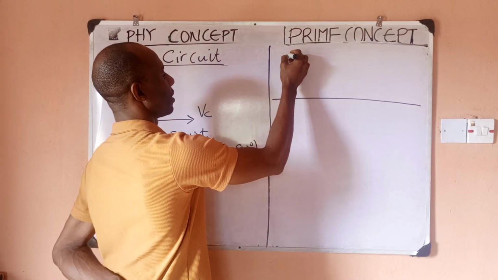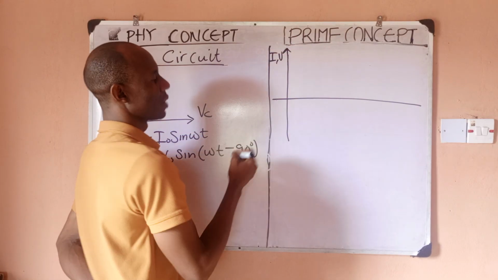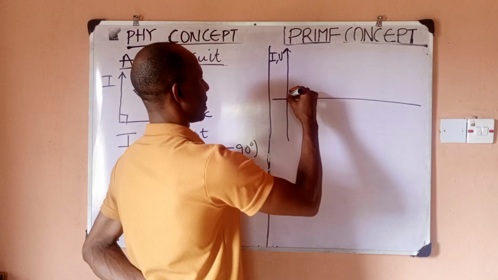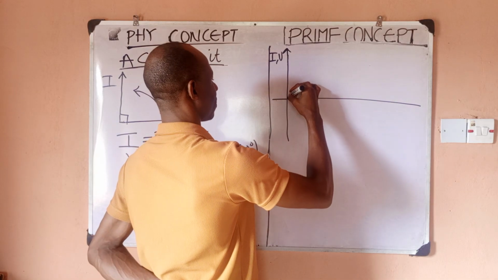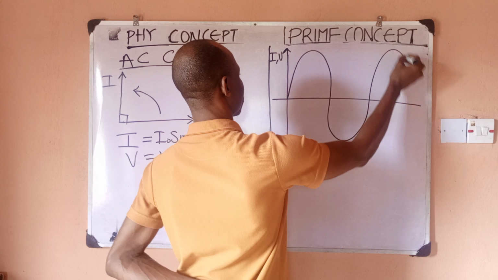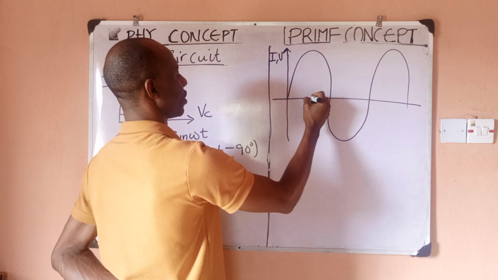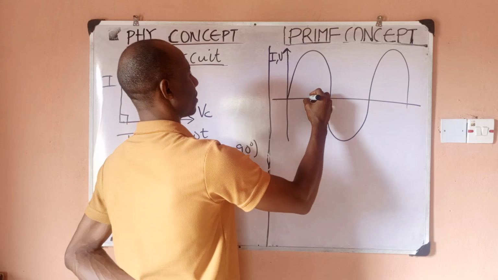So say this would represent my current slash voltage. Now if my current is this, it would mean that my voltage would be lagging by this.